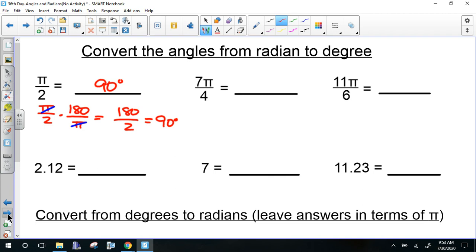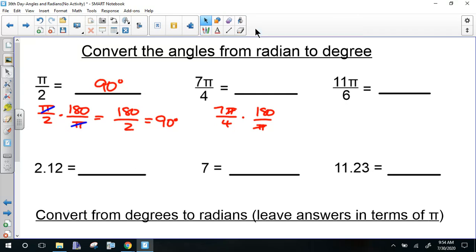Next, 7 pi over 4. 7 pi over 4 times 180 over pi. The pi's cancel out. And if I multiply 7 times 180 divided by 4, what do I get?